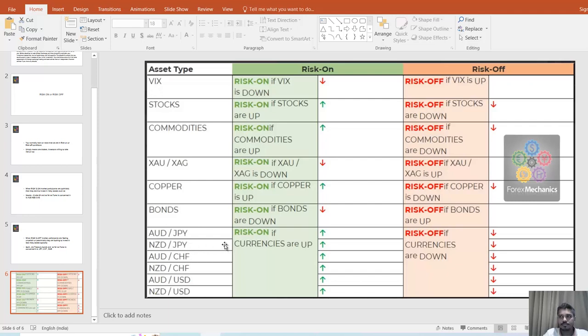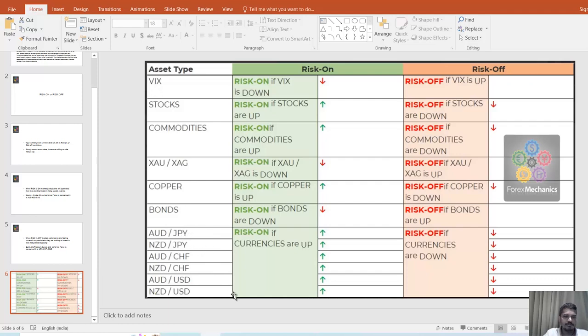Now, you could try this on your own. What you could do is open any website. Typically you could use TradingView, or Barchart, or Investing, any website which allows you to create a watch list. So you can simply have a watch list of these six currencies along with the S&P 500.